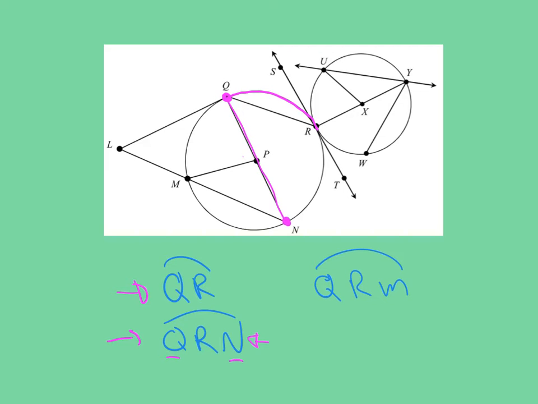And then for QRM, it starts at Q, ends at M, goes through R to get there. Oh, so that's a major arc. Again, for any of these, if I were to place an M in the front, I am now talking about something with a value in degrees, right? So all of these have become the measure of, and I would put degrees as the units.